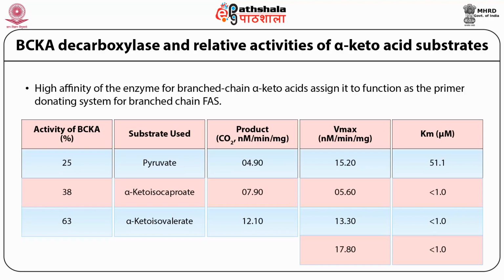The alpha-keto beta-methyl valerate is the substrate which is highly specific, as 100% activity of BCKA was observed, with 19.7 nanomoles of product formed per minute per milligram of protein.